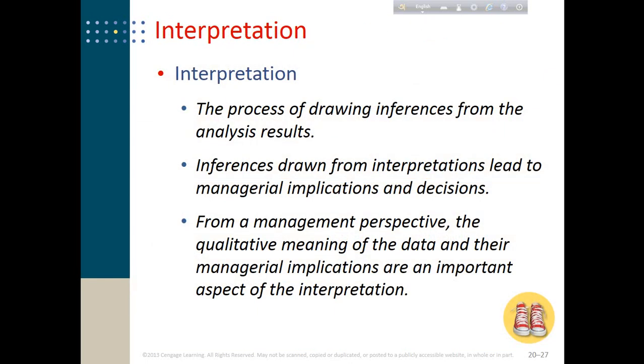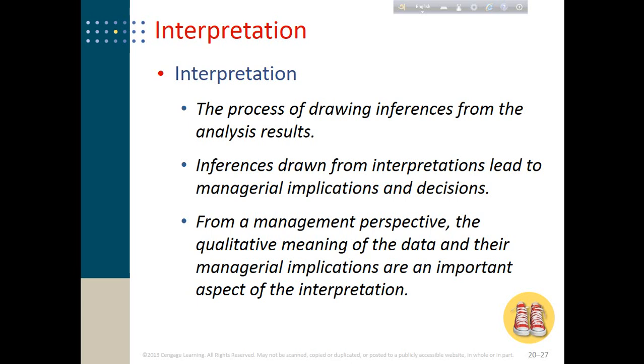So this is the last learning objective of this chapter: the researcher's role in interpreting data. You know that this is the last stage of the research, that is, interpreting data.